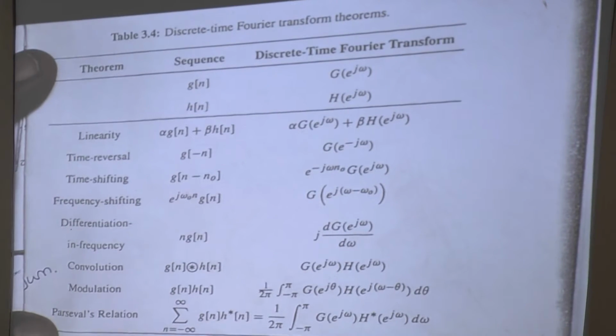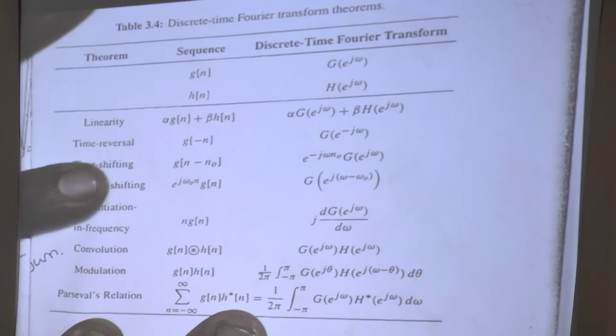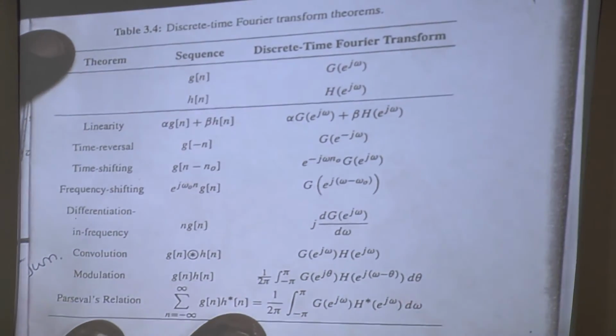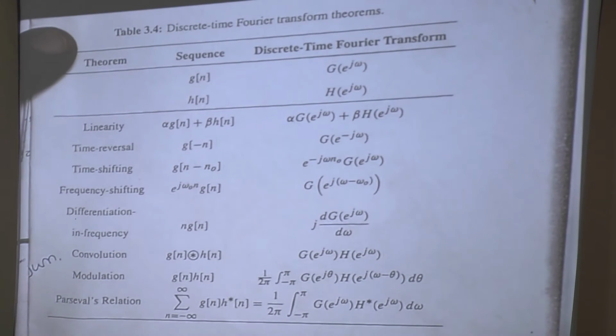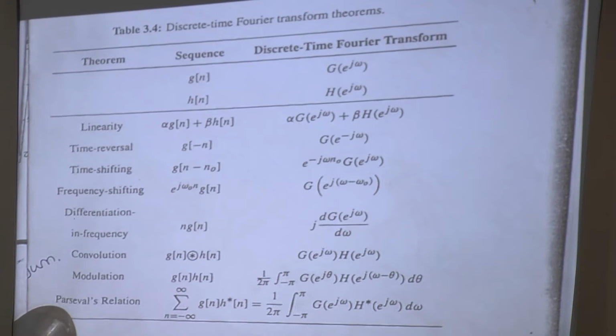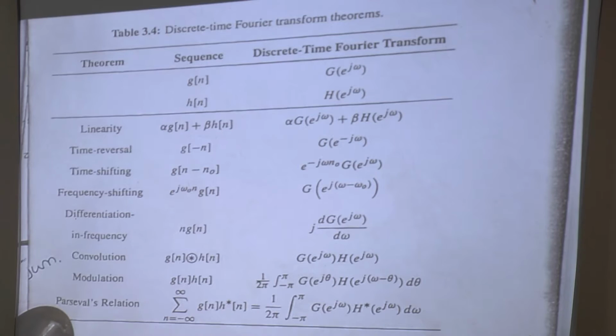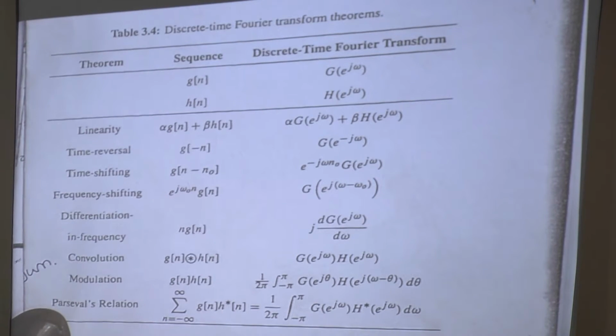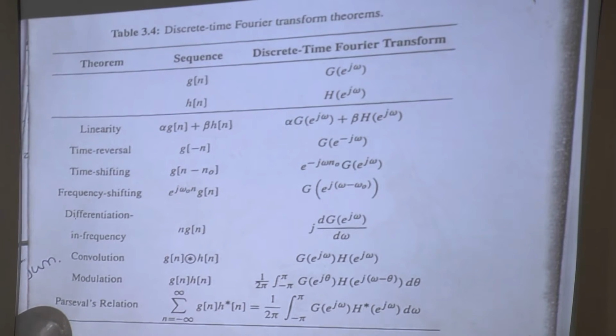All these properties, proofs of each one of them we are not going to see because they are on similar lines as that of CFT. We will see the convolution property in detail a little later.